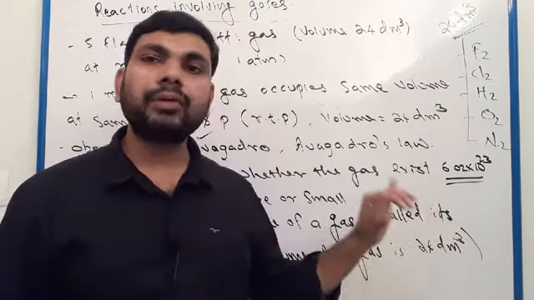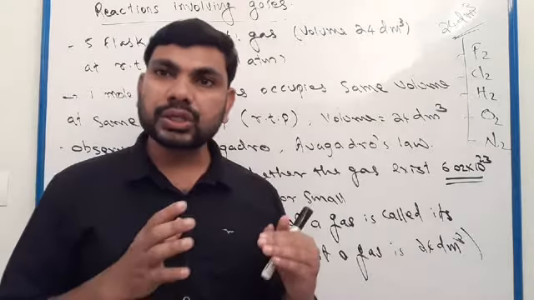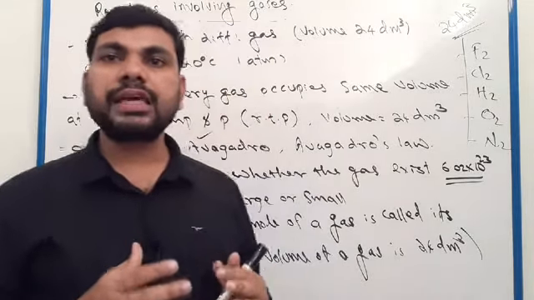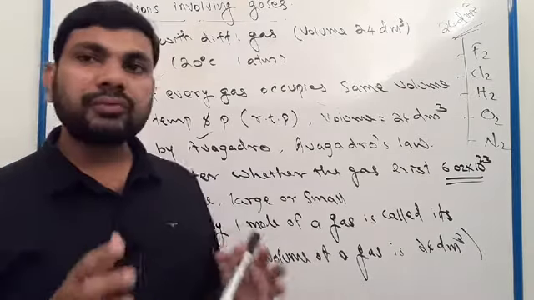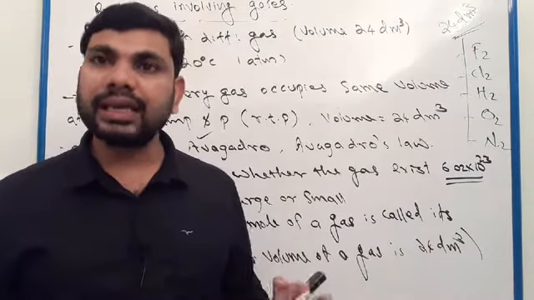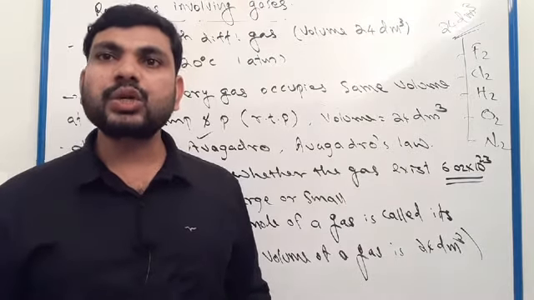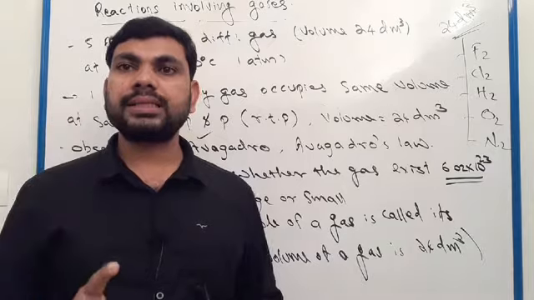This discovery was also made by the scientist Avogadro. According to Avogadro's law, 24 decimeter cube of any gas contains the same number of particles and it is called 1 mole of gas.